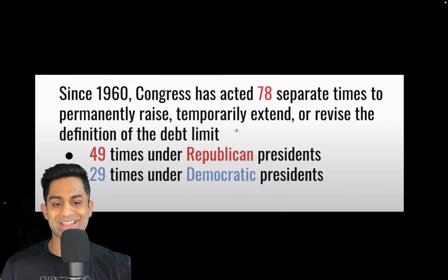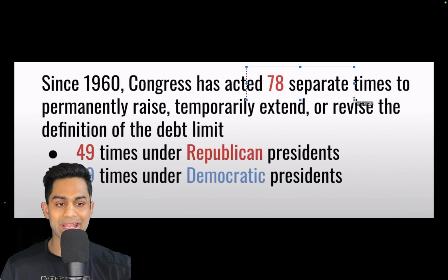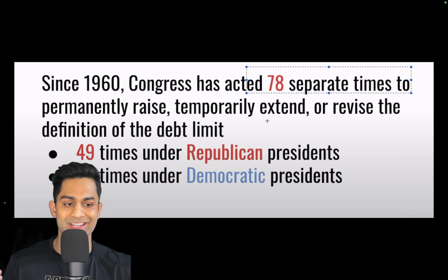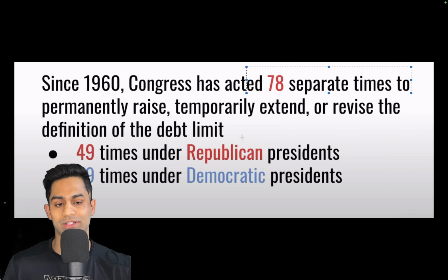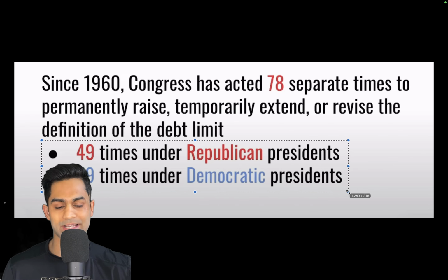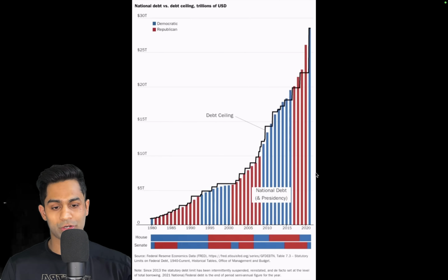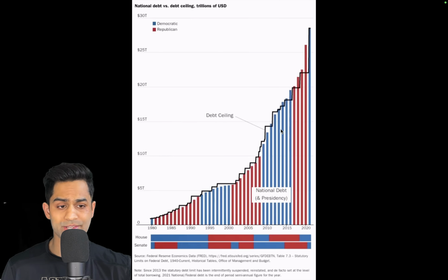But of course, since 1960, Congress has acted 78 separate times to permanently raise, temporarily extend, or revise the definition of the debt limit: 49 times under Republican presidents and 29 times under Democratic presidents. And again, I don't want to get too political in this video, but that's where we are.